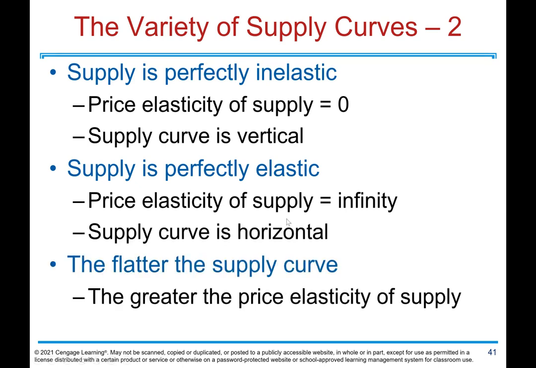Supply is perfectly inelastic when the price elasticity of supply is 0 and supply curve is vertical. Supply is perfectly elastic when the price elasticity of supply is infinity and the supply curve is horizontal. The flatter the supply curve, the greater the price elasticity of supply.